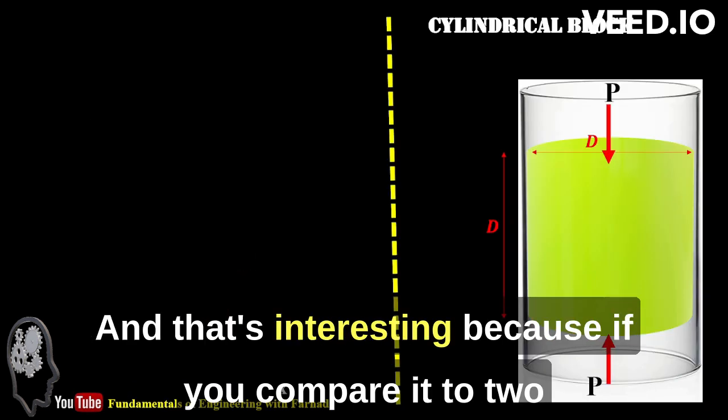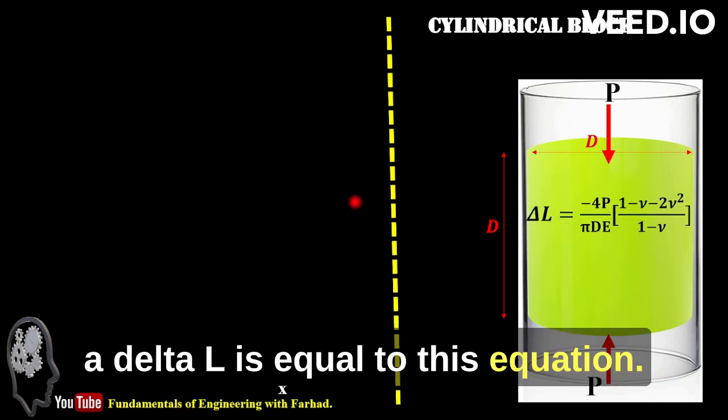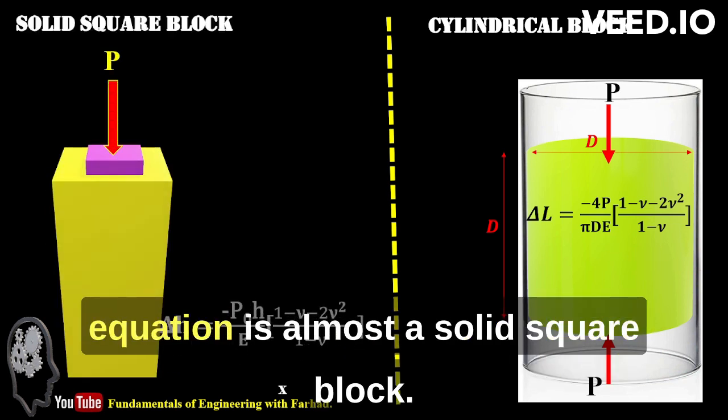And that's interesting because if you compare it to the cylindrical block, which we already solved, it gives us a delta L equal to this equation. You can see that for a cylindrical block, the equation is almost the same as for the solid square block.